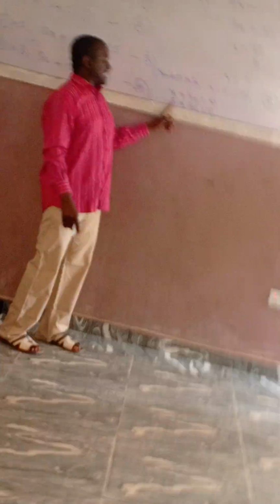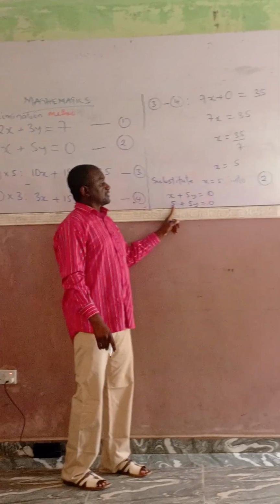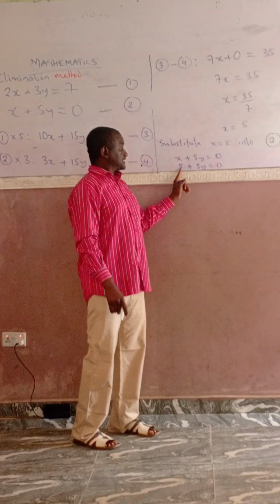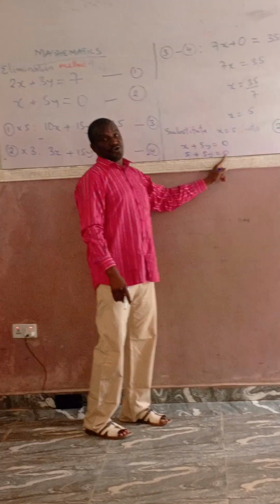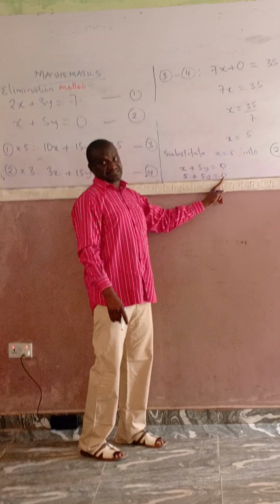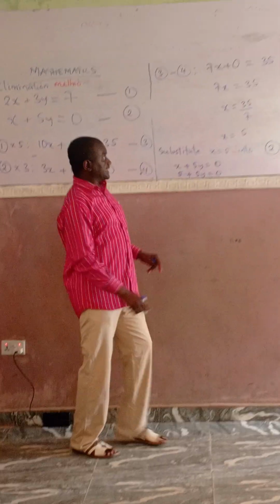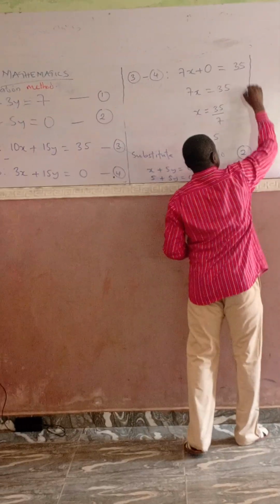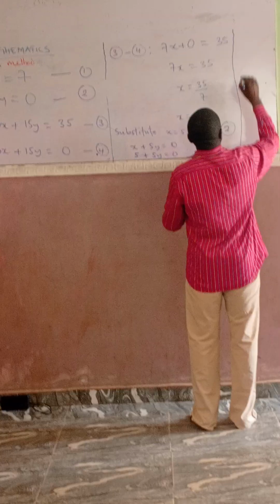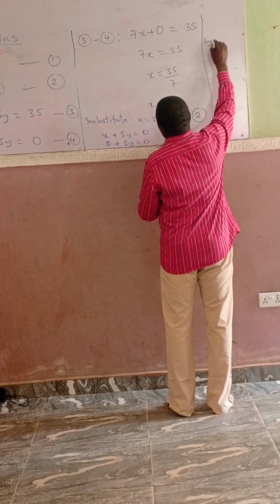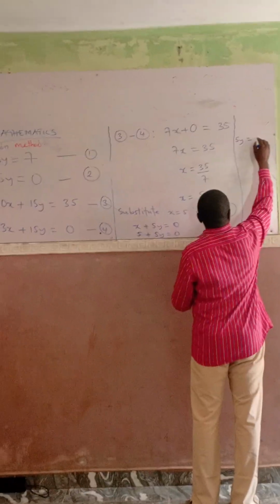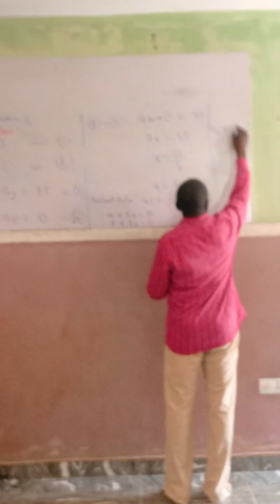Now this 5 is on the left hand side. To collect like terms, this 5 must come and meet its colleague on the right hand side. It's positive here, so when it comes here, it becomes negative. So we're going to have 5y equals 0 minus 5, which is minus 5.